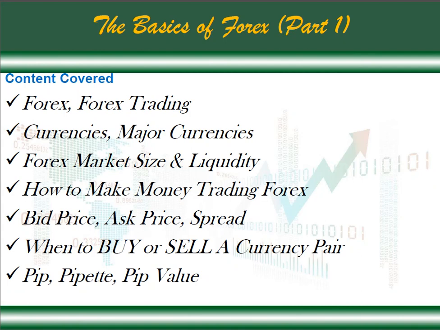And finally, we'll cover a word you've probably heard around everywhere in Forex forums, YouTube channels, and blogs: the word Pip. We'll also talk about Pipettes and Pip Value. With that being said, we dive straight in and see what there is.